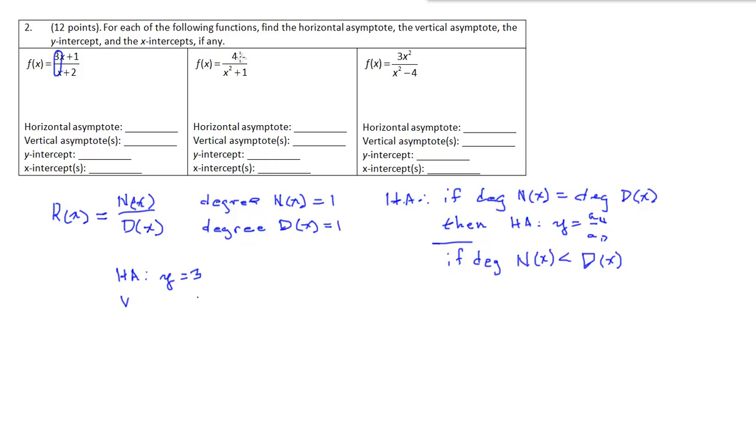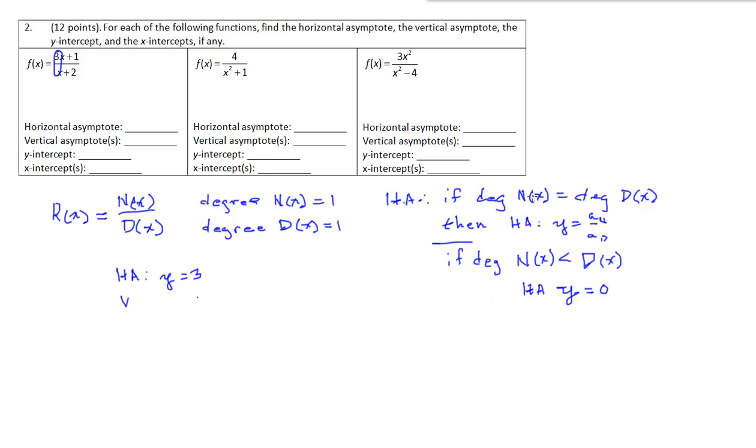It gets to be huge, like 4 over, if we think of 1,000 squared is 1,000,000, 4 over 1,000,001 is nearly 0. So anytime the numerator degree is less than the denominator degree, the horizontal asymptote will just be y equals 0. The graph will just approach the x-axis, but it won't cross. Those are the two rules that you just need to know.